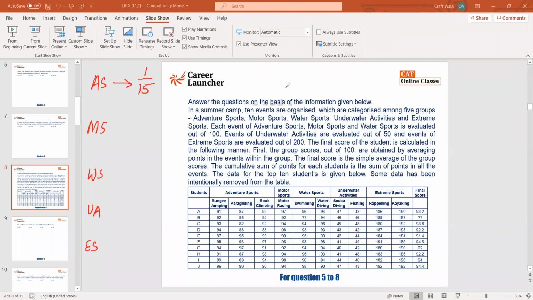Okay. Next. Same way let's do for the others. Motor sports, what will happen? You will not do anything in motor sports. The only thing is you will divide this by 5. That means if you give me 1 point in motor sports, my final score will change by 1 by 5. Same way water sports, first you will divide by 2 and then by 5, so I can say 1 by 10.